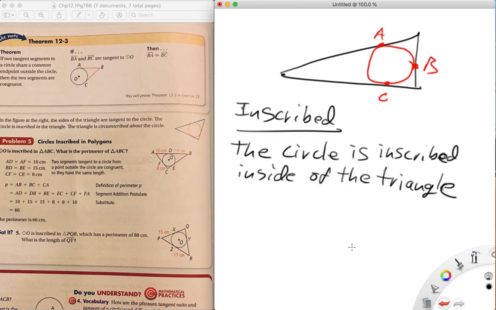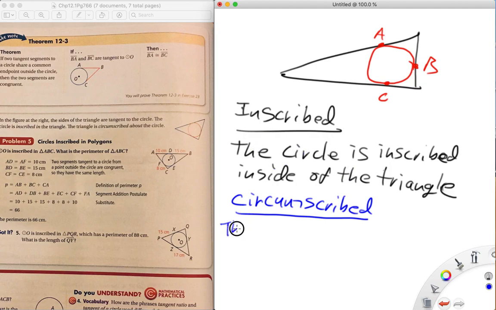And then the other way around, right? Inscribed talks about the circle. We have another word, circumscribed. And circumscribed talks about the triangle, not the circle. The triangle is circumscribed about the circle, meaning around the circle, outside of the circle. So the circle is inscribed inside of the triangle.